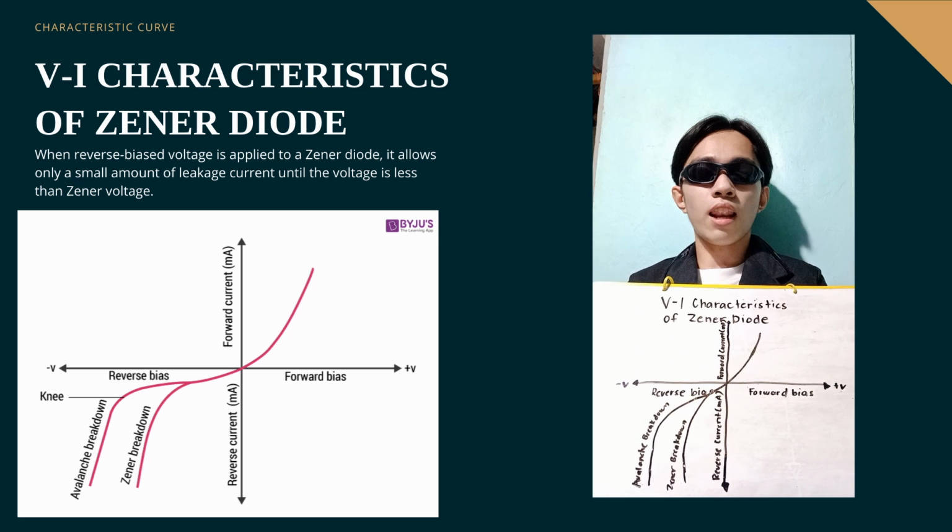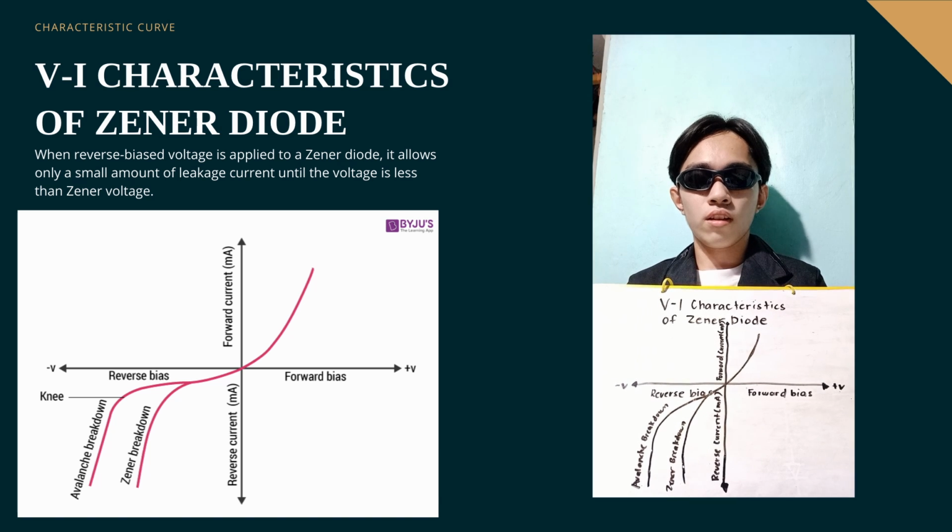So, una nating talakayin ay ang forward characteristics of Zener diode. So, sa first quadrant in the graph, ito ay nag-represent the forward characteristics of Zener diode. So, sa graph ay malalaman natin that it is almost identical to the forward characteristics of any other PN junction diode.